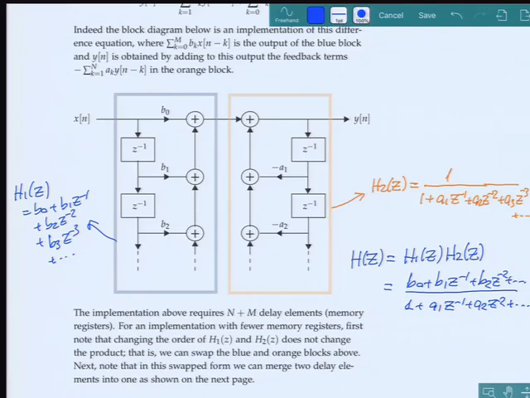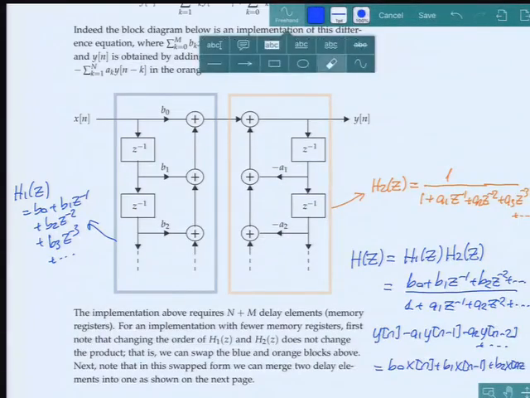The difference equation then was this: y of n minus a1 y of n minus 1 minus a2 y of n minus 2, etc., equals b0 times x of n plus b1 x of n minus 1 plus b2 x of n minus 2, and if you want, this can go further.